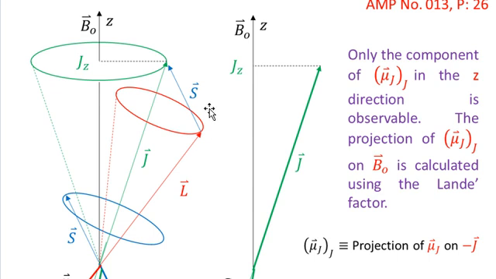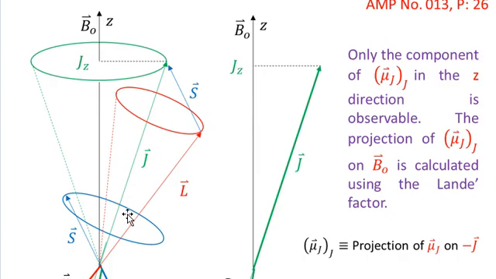The vectorial sum of capital S and capital L will give you capital J. So this is the total angular momentum of the atom, and it is the vectorial sum of the orbital angular momentum and the spin angular momentum. So capital J is shown over here.